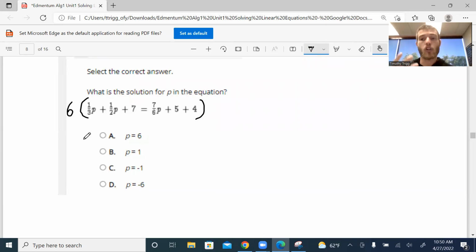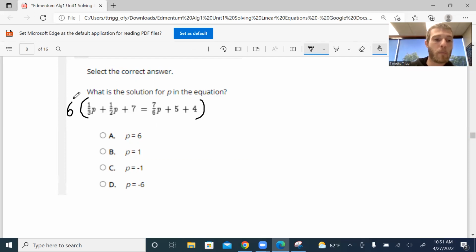I know that 6 is the lowest common denominator because every one of these denominators divides 6. So 3 divides 6, 2 divides 6, and 6 divides 6. So that's why I'm using this number here. That way, when you distribute it, you can divide it evenly into whole numbers.